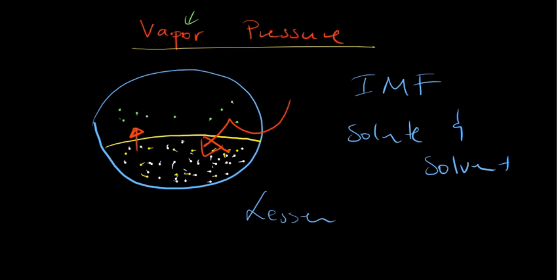The vapor pressure of the solution is lower than that of the initial pure solvent before the addition of the solute. This leads to what we call Raoult's law.